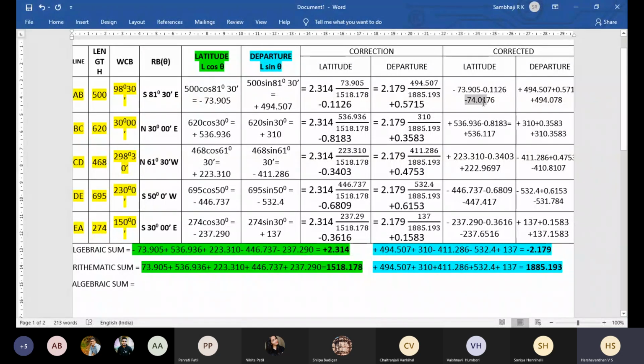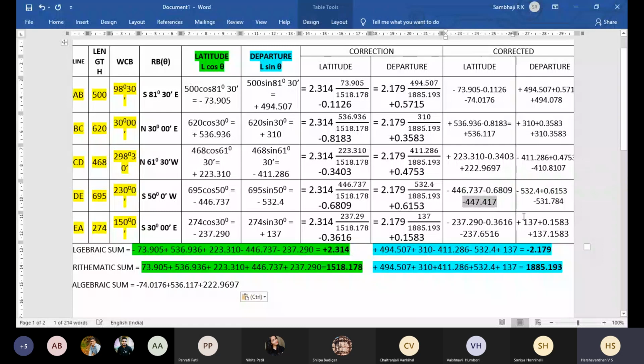First we'll calculate the algebraic sum of latitudes: minus 74.0176 plus 536.117 plus 229.9697 minus 447.417 and minus 237.6516.